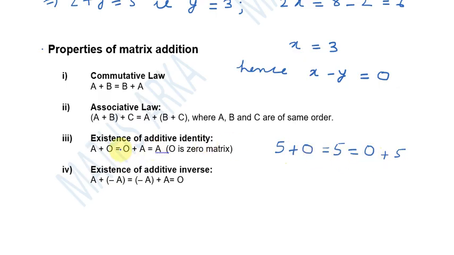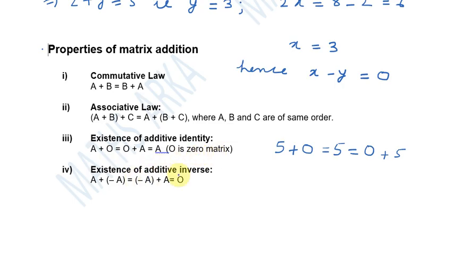Similarly here O is the additive identity, and that was our zero matrix. If you add the corresponding 0 to A, it would be the same as A. So the additive identity is the zero matrix.